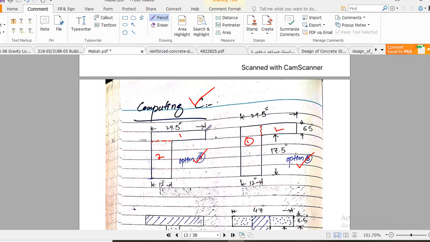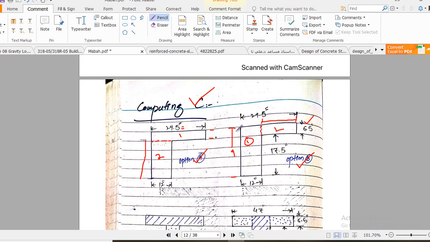Clear? Now here this is the longer side, so this will be denoted, let's say, by Y, and this is our X. And here you see this is Y and this is X. Similarly here this is Y, clear, and this is X. And similarly here this is Y and this is X.